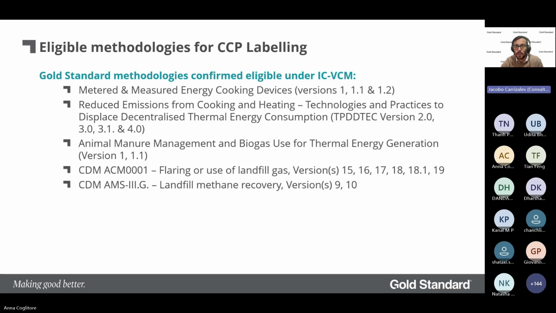We're expecting more methodologies to be approved. So far, we have these 5 options approved, and every single project requesting CCP labeling will go through these methodologies. I guess this is it for the CCP labeling part, but can you move to the next one, please?